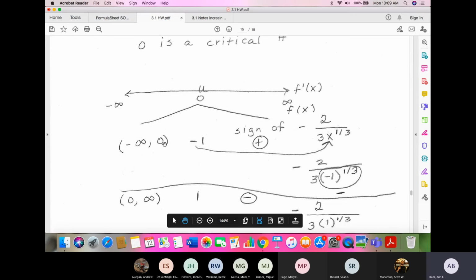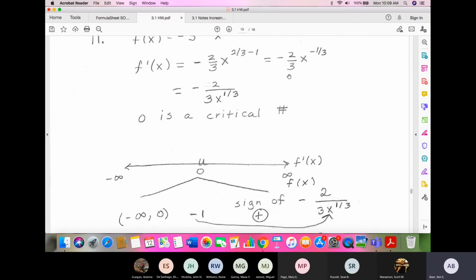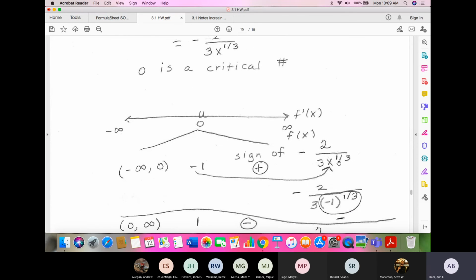If you go back 1 towards -∞, you take 0 minus 1, you're going to get -1, which is what I chose. Here, you can choose 1. And what are we looking for the sign of this time? We're looking for the sign of the entire first derivative, which is -2 over 3 x to the 1/3 in the denominator.